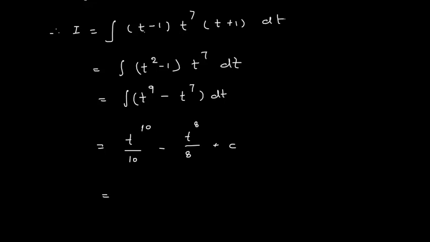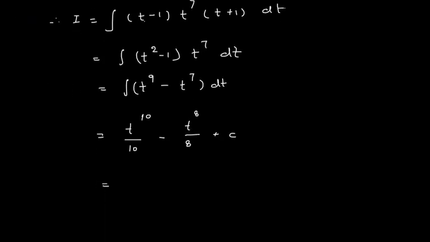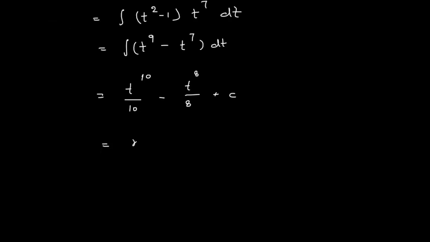So t^10 is (x + 2)^10. So I will write this as (x + 2)^10 divided by 10 minus t^8, that is (x + 2)^8 divided by 8 plus c. So this is your answer.